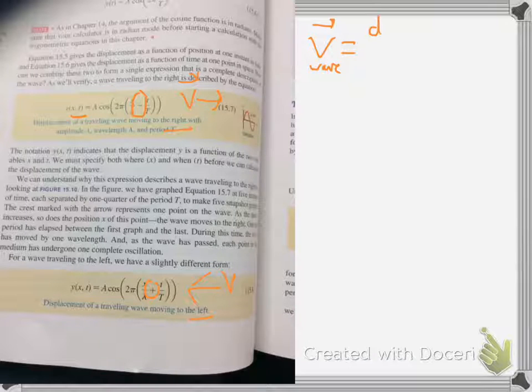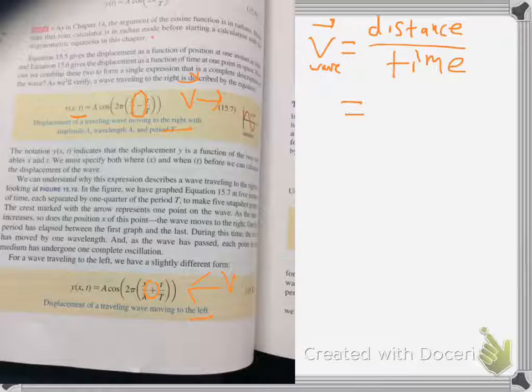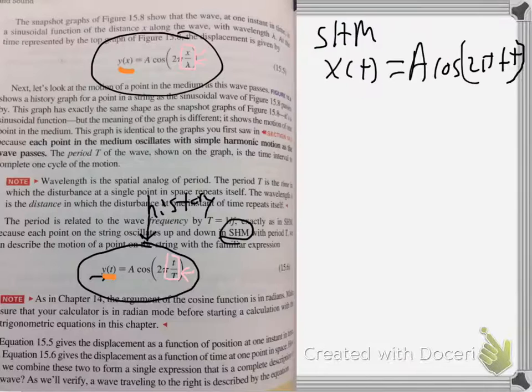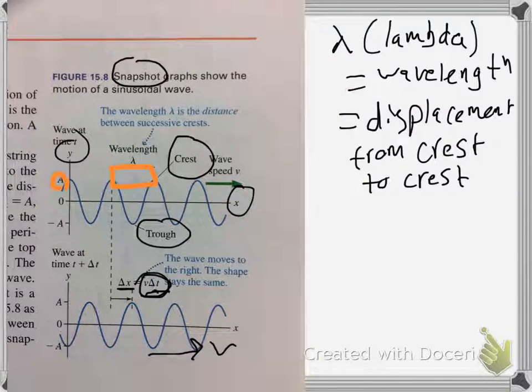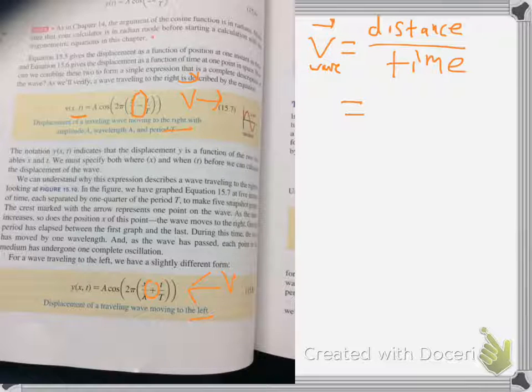If we go down to the basic definition of an object moving at a constant speed, it's distance over time. Well, if we go back to our snapshot graph, the distance from crest to crest is the wavelength. So this is lambda, remember.